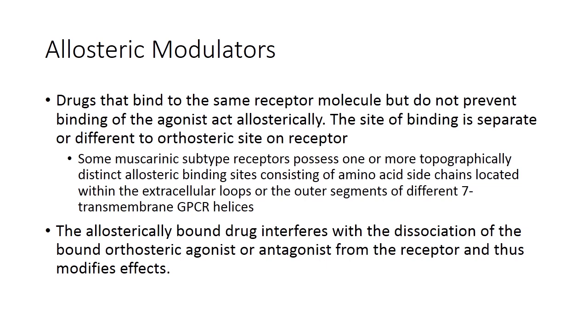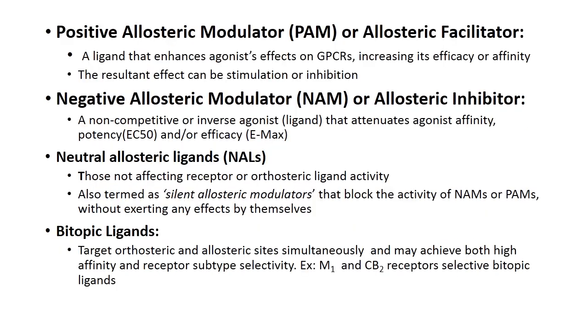An allosterically bound drug interferes with the dissociation of the bound orthosteric agonist or antagonist from its own receptor, that is the orthosteric receptor, and thus modifies the effect of the orthosteric agonist. Now, differentiating several allosteric modulators, they can be positive allosteric modulators, or PAM.